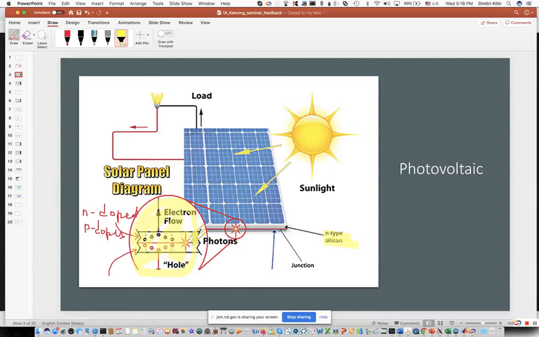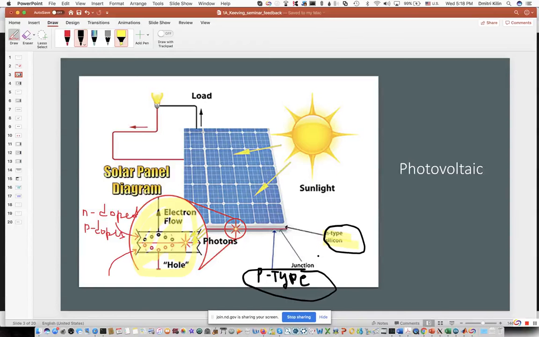But there is no P-type. I do see the junction. Probably it was written here, p-type. It is important to highlight that there is an interface between n-doped and p-doped, alternatively doped layers.